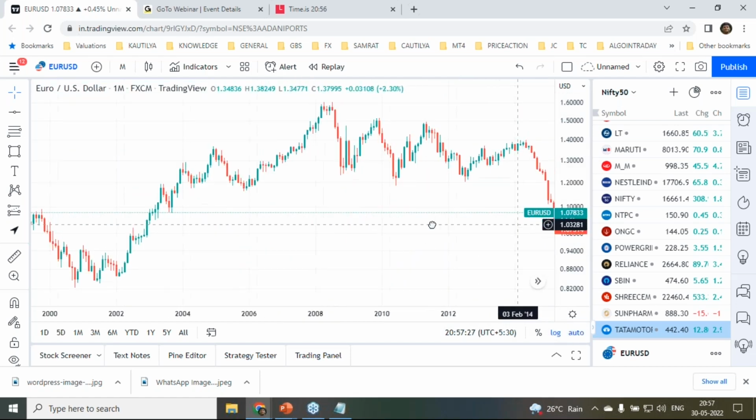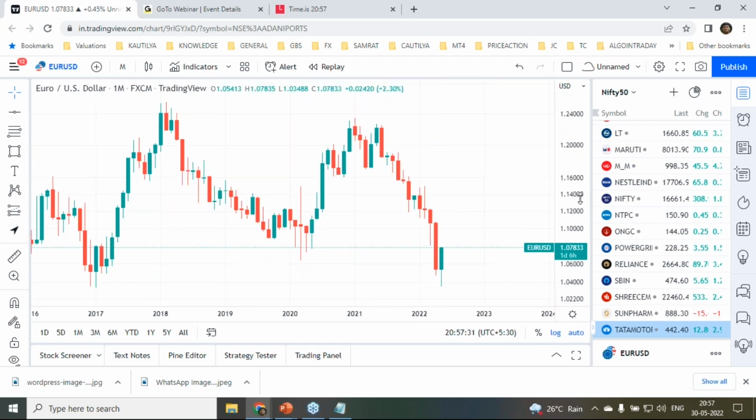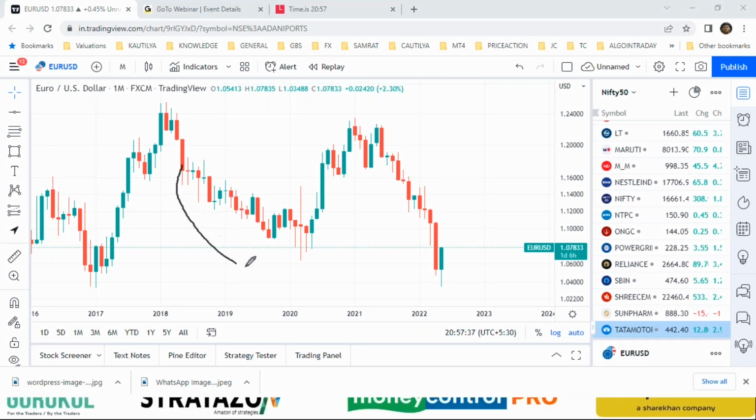Give me a second. Look at this. Can you observe this region, friends? Can you identify the base candles? Imagine merging them.